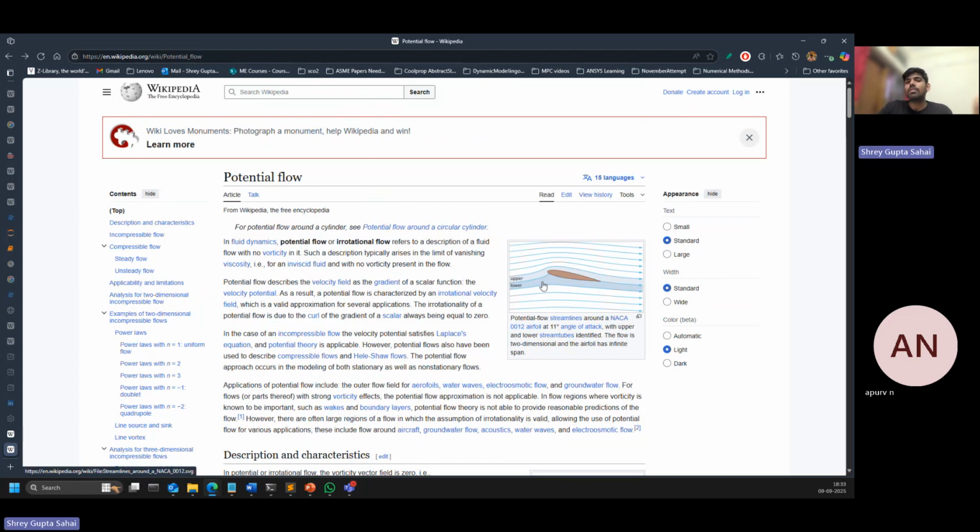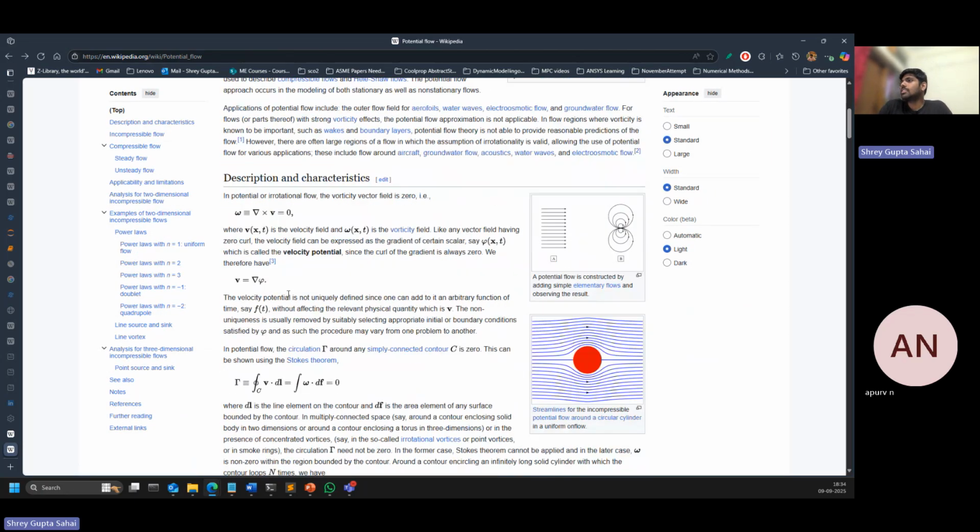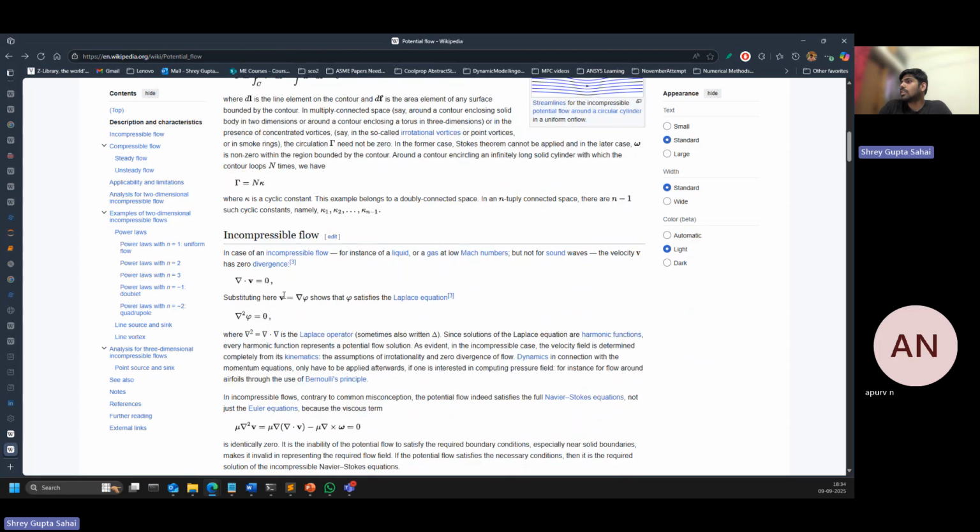For air, we know the viscous effects are pretty much negligible compared to honey or a more viscous fluid. Air is relatively, in a loose sense, not viscous. Let's say that is our assumption.